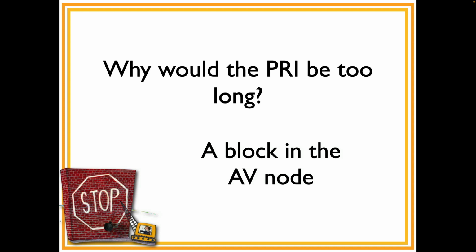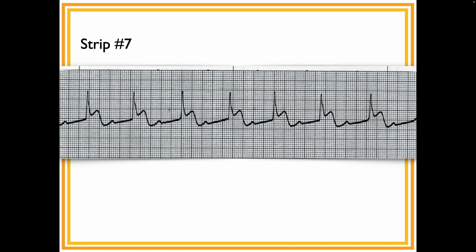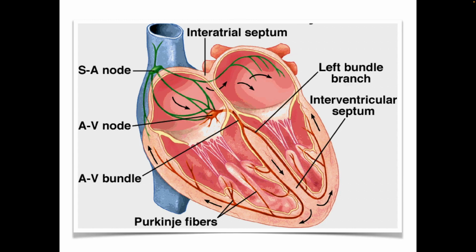Okay, so if we have, oops, sorry, let's go back. If we have a block in the AV node here, and for now we're not going to talk about what kind of AV block it is, the impulse goes from the SA node down into the AV node, and instead of taking the normal pause, it takes an extended, really long pause.